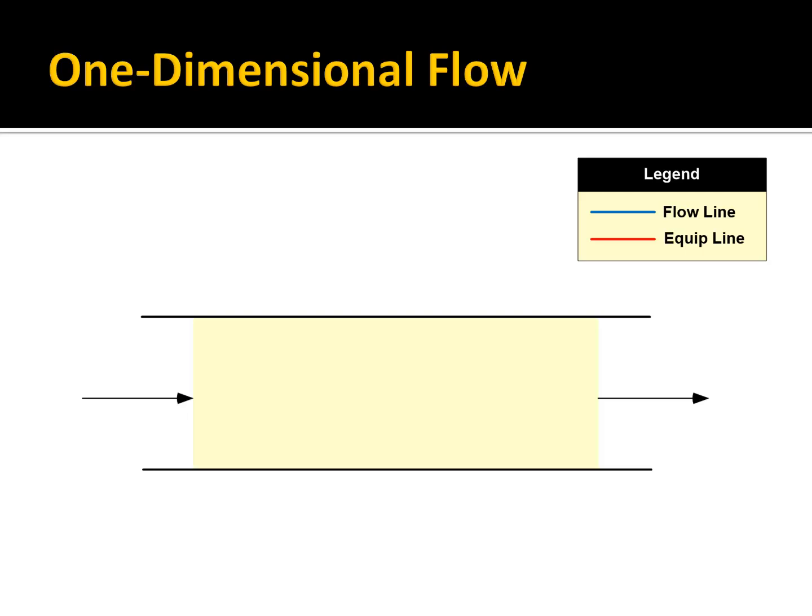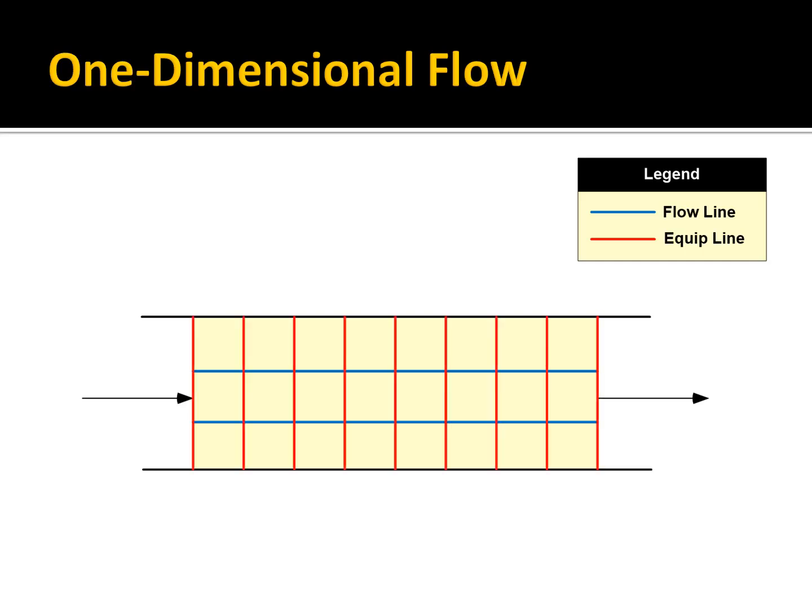Okay, here's an example of one-dimensional flow. So assuming we had some rectangular section of soil that was bounded on the top and the bottom, since it's one-dimensional, we could subdivide this into 3 flow channels using these 2 interior flow lines.